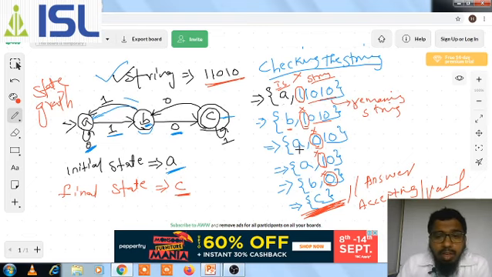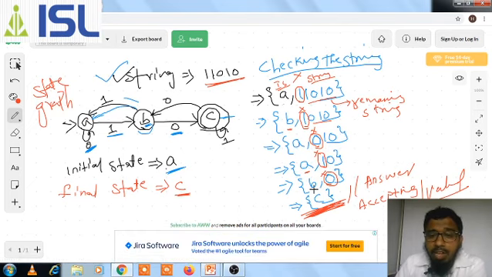Like that, if A is 0, it is going to A. So we write A, remove this 0, and write the remaining string here. Next, if A is 1, it is going to B. We write the B, remove this 1, and write the remaining string.